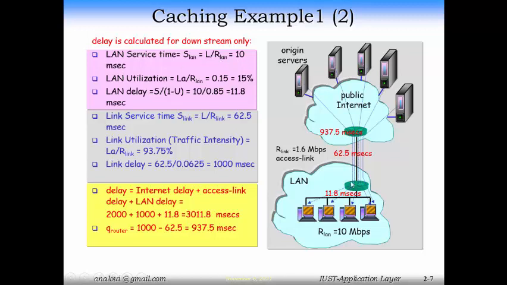So each object would reach its final destination in just 10 milliseconds in this LAN. What about the utilization? L A divided by R is equal to 15%. So my LAN is utilized 15%. And the delay in this LAN, S divided by 1 minus u, is equal to 11.8 milliseconds. This is the total delay tolerated in this LAN.